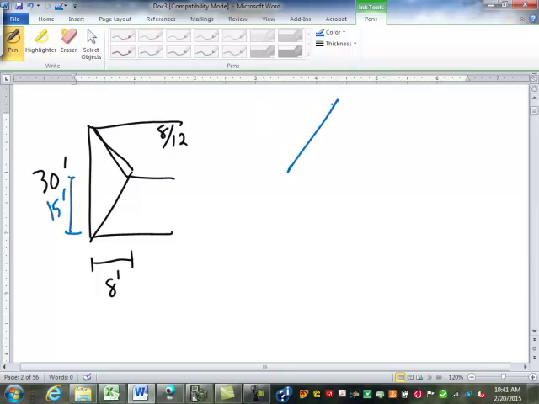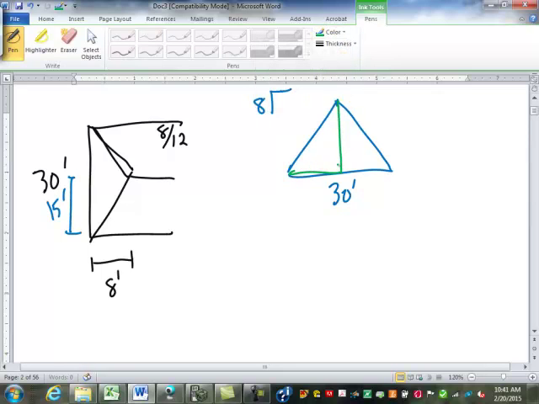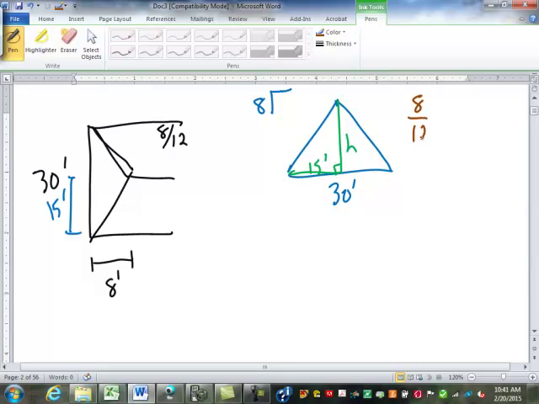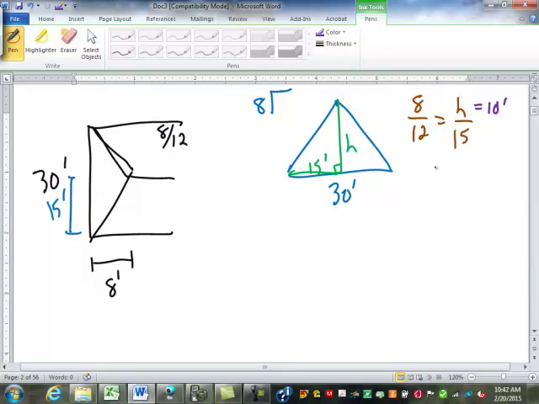So we're still going to start out with the common, 30 feet, 8/12 slope. This is 15 feet. This is our height. 8 over 12 equals h over 15 gives us that h is what? 10 feet.